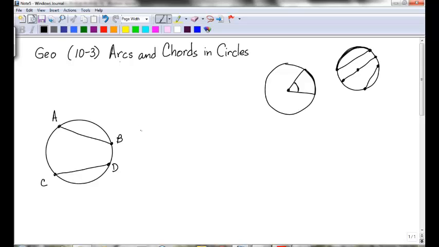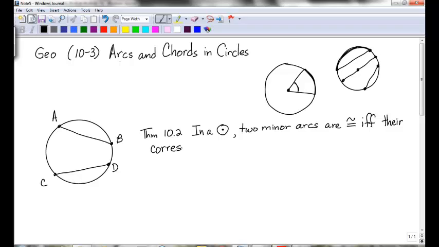Okay. Theorem 10.2 says in a circle, and just use the symbol, in a circle, two minor arcs are congruent if and only if, and we talked about that yesterday, if and only if means it goes both directions, if and only if their corresponding chords are congruent.